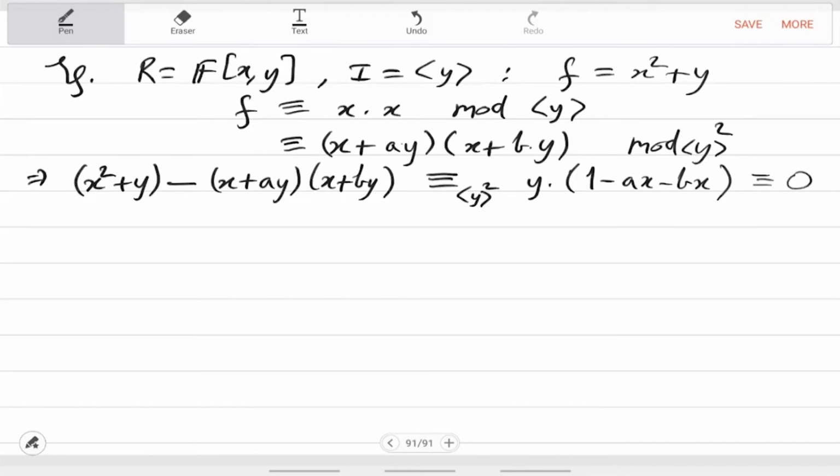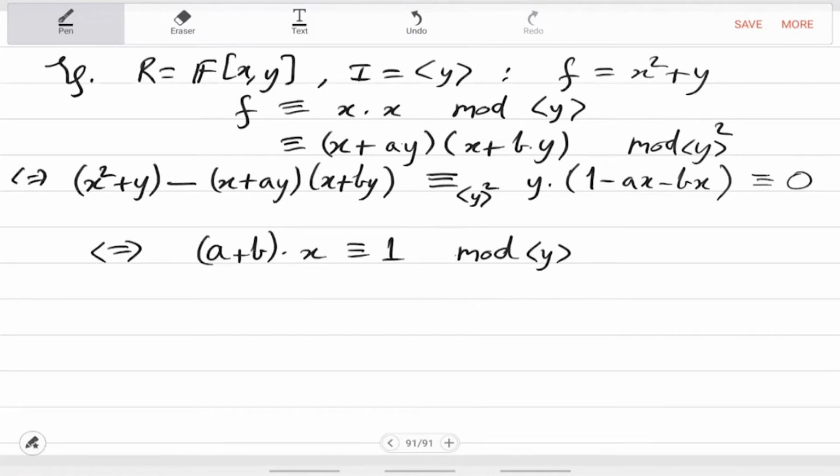So y square divides this, meaning that y has to divide this other factor. You deduce this, this is if and only if. This is also if and only if.